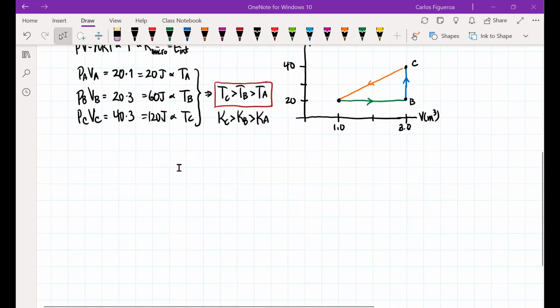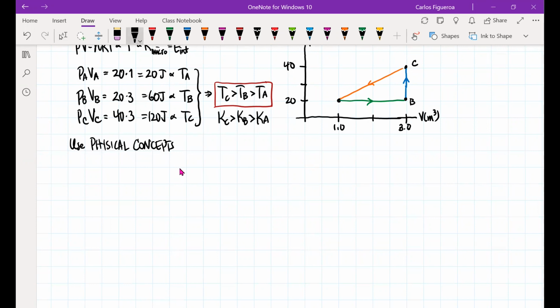So there's our cycle. Now I want to use physical concepts to determine the signs of Q, W, and the change in internal energy.